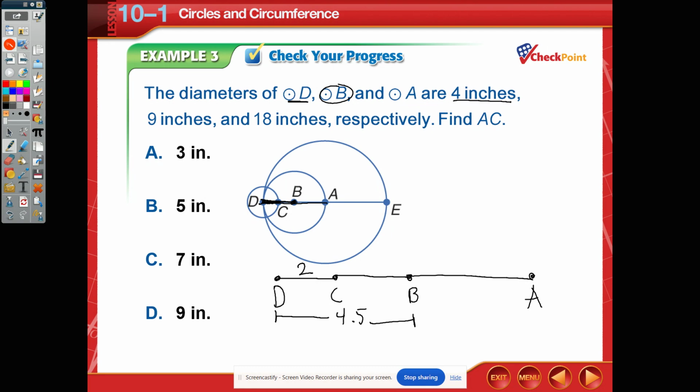So, real quick, before I move to the next one, I can do some quick math. If this little piece is 2 and the whole length is 4.5, then this little piece has to be 2.5. And then our last one is 18 inches of diameter for A. So therefore, the distance from A to D would be 9.